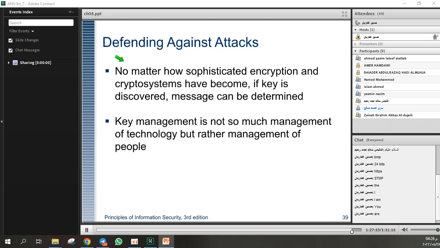For example, in the .NET platform, you can find DES or AES or something like that. Simply, you can use them in your systems. Those encryption algorithms are not important. Your key is important. If your key is discovered, your message will be decrypted and Trudy can see it as plain text.